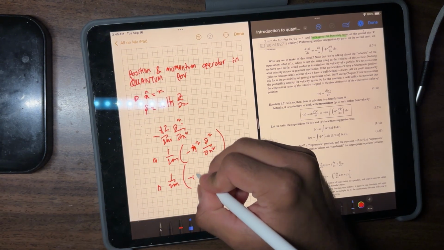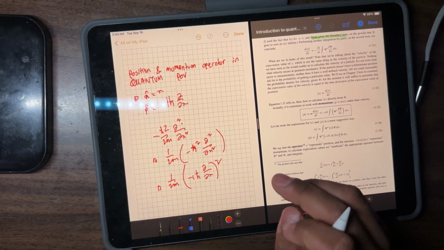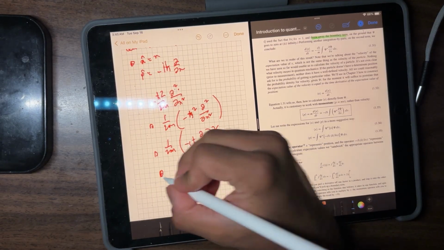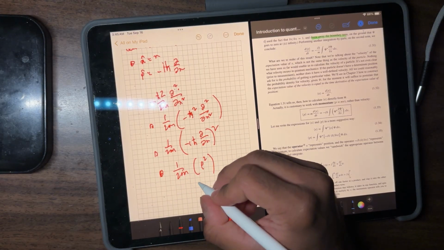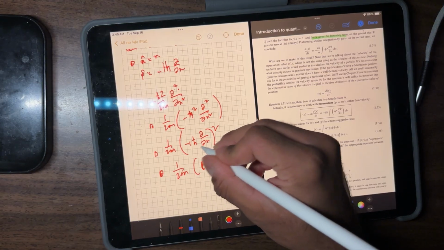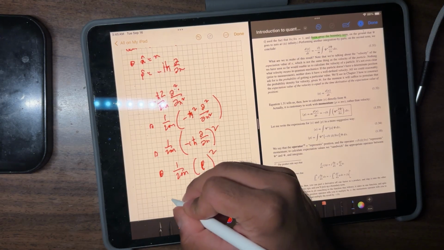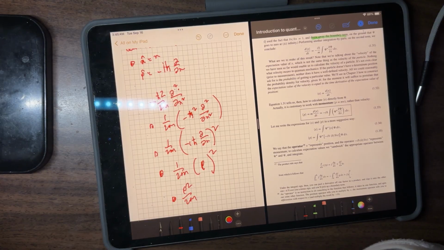So minus iota h bar curl by curl x whole square. And so this then leads to 1 over 2m p square, p whole square, because this is the general equation for momentum. And then this leads to p square upon 2m. Got it?